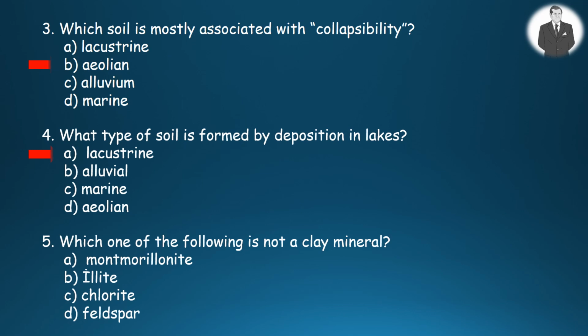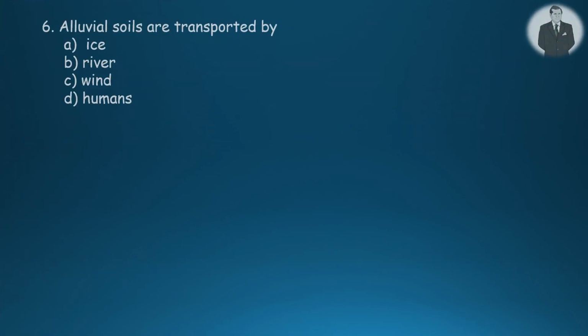No, I'm sorry. The right answer is D, feldspar. Alluvial soils are transported by, yes, you are right, it is B.